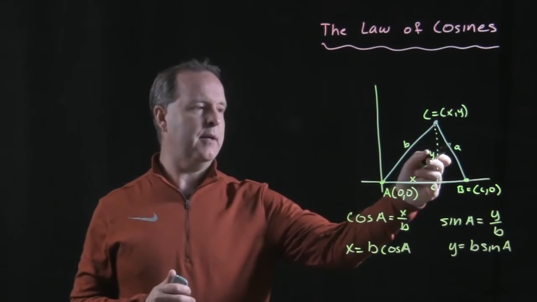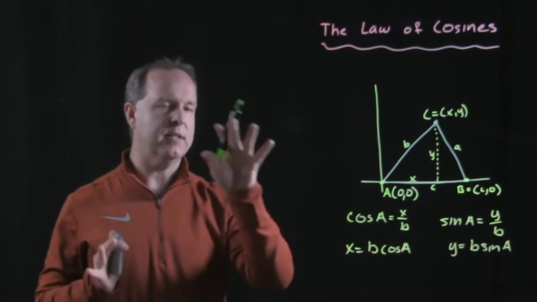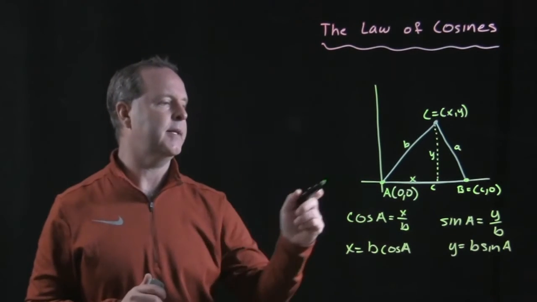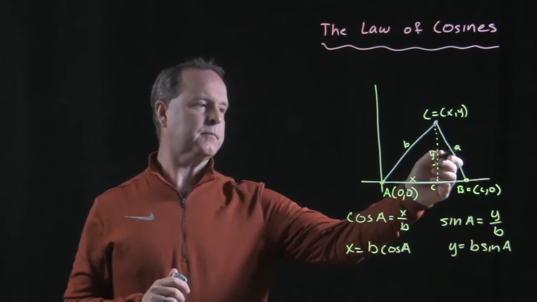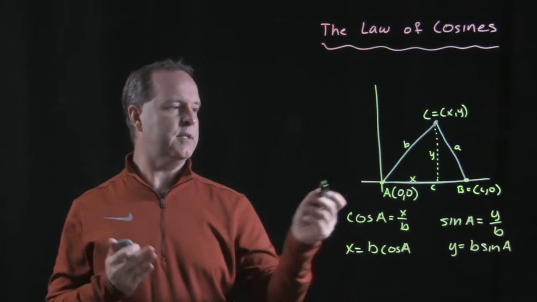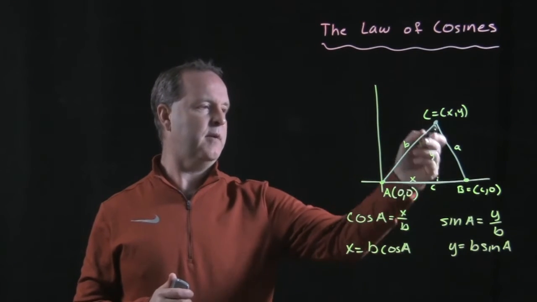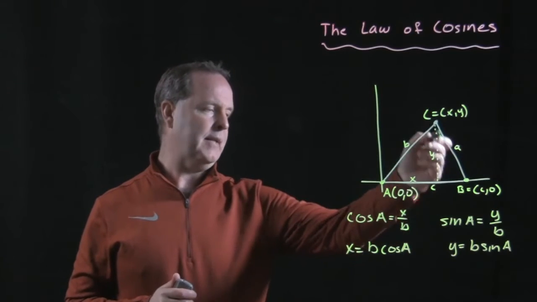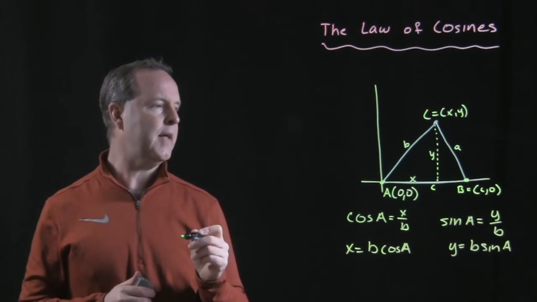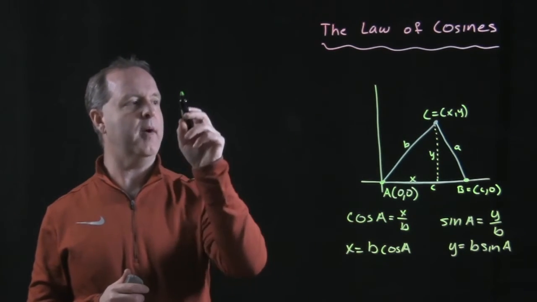As one example, I'm going to solve for A in this particular case, and you'll see what happens here in a little bit. And so A is a distance formula between these points. I want to find the length of A, and to do that, I can find the distance between those two points.